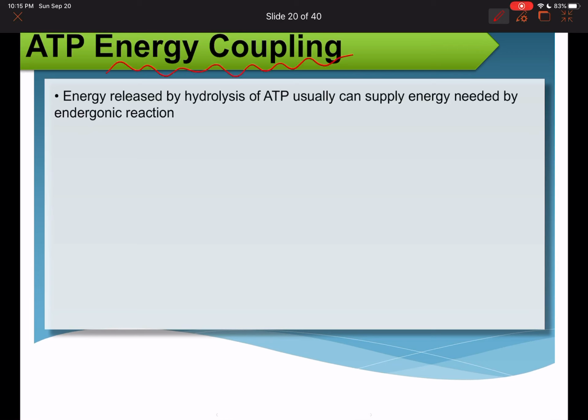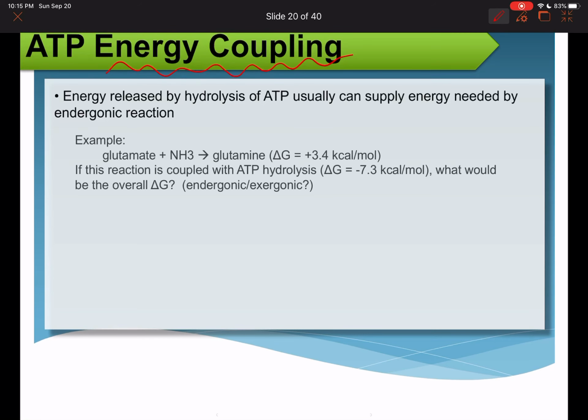And sometimes it can even provide more energy than necessary, and we can actually quantify how many times one ATP molecule can power the same endergonic reaction over and over again, if we know how much energy is needed to run that reaction. So for example, we already know that ATP hydrolysis is able to provide an energy value of negative 7.3 kilocalories per mole in terms of delta G.